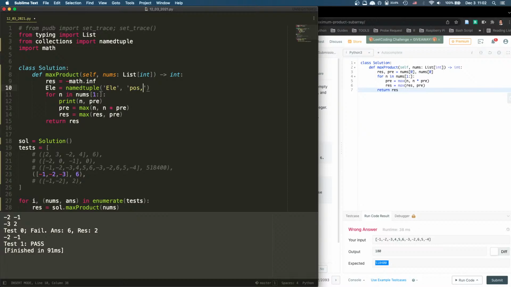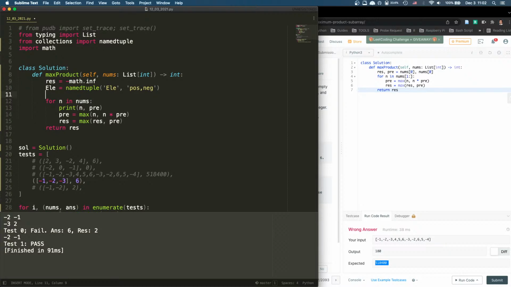One is positive, the other is negative, right? Now, for nums in this, and pre equals element none and none, right? So we're coming in for any nums.